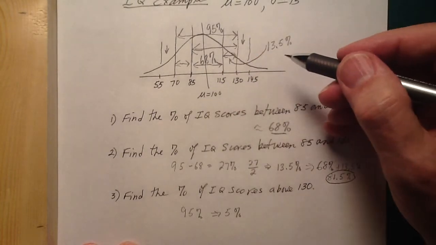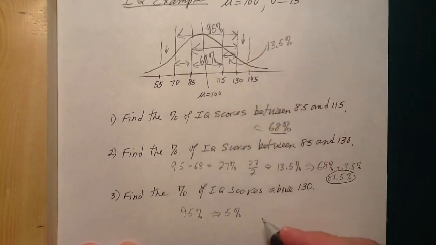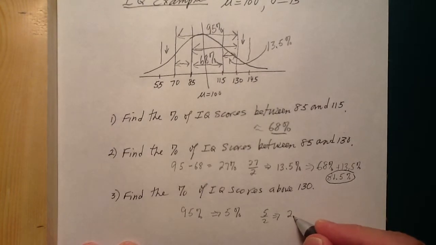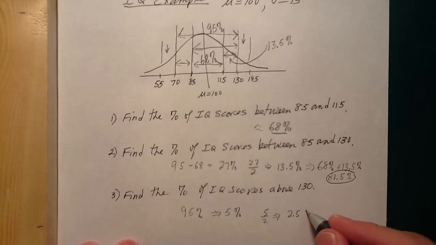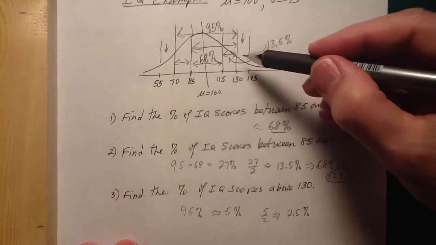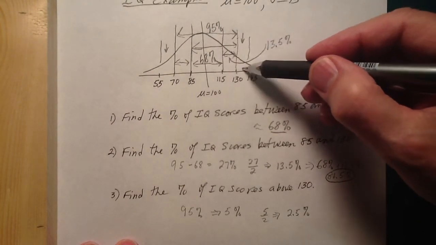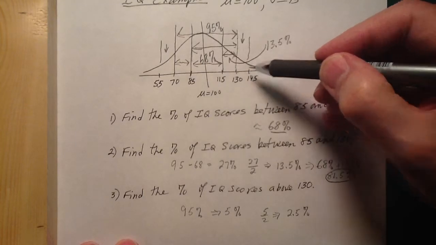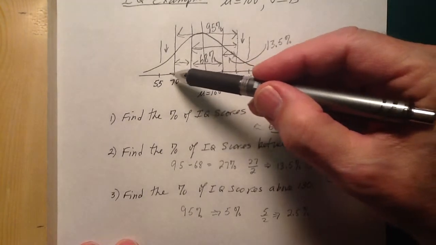And since we have symmetry, it looks like we have to take 5 divided by 2. And so we have about 2.5% of the data values would be in this region here, between 130 and 145, and between 55 and 70.